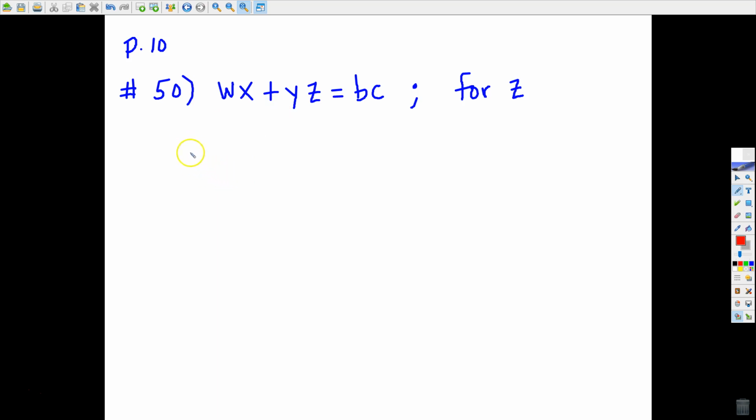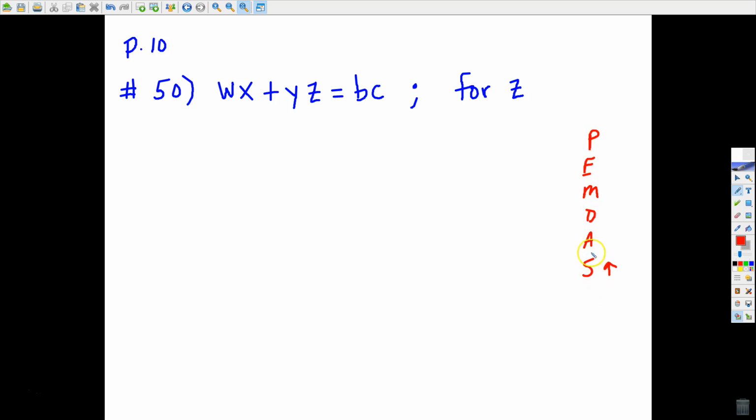And in this section, we're trying to isolate a particular variable. The instructions say to solve each equation or formula for the specified variable, which is another way of saying, in this case, let's get z by itself on the left side. And once again, it's important to understand that the way to do that correctly is to follow PEMDAS in reverse order.